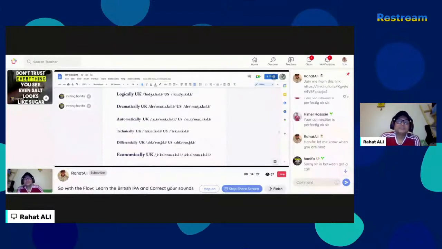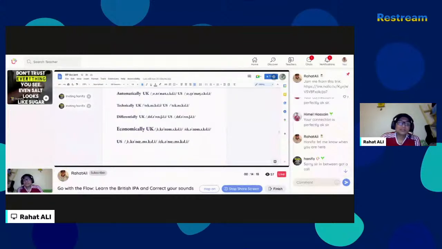Next one is economically. This E has two sounds here, E and E. Some people say economically, that's also correct. This E has an I sound as well. Economically and economically.